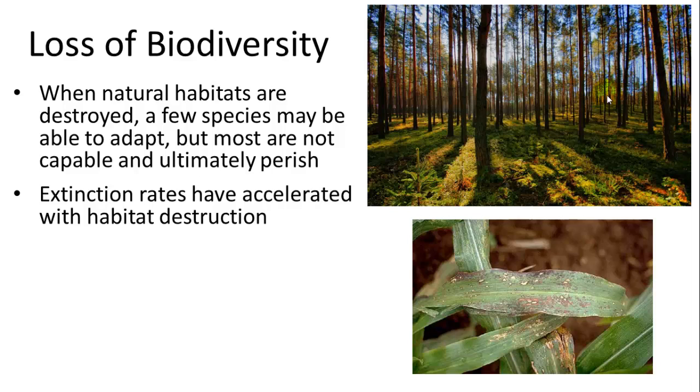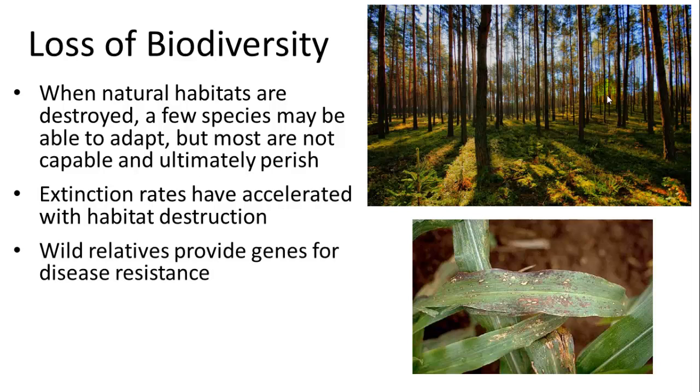Extinction rates have accelerated because of a lot of human activities. Biodiversity is necessary for a number of things, and one of them is exemplified by a disease that affected corn throughout the United States. It was wiping out crops all over the United States.